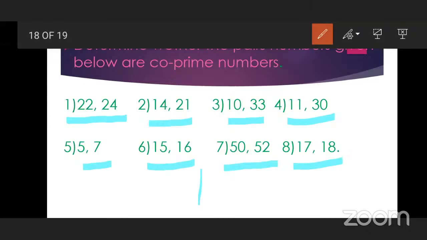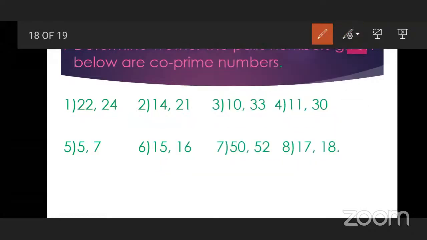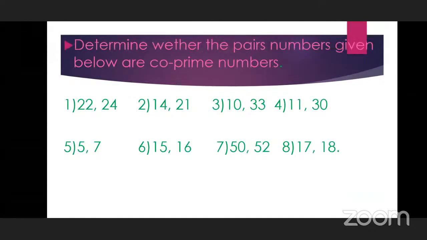I hope all of you understood today's topic: prime and composite numbers, co-prime and not co-prime numbers. This is the homework for you.